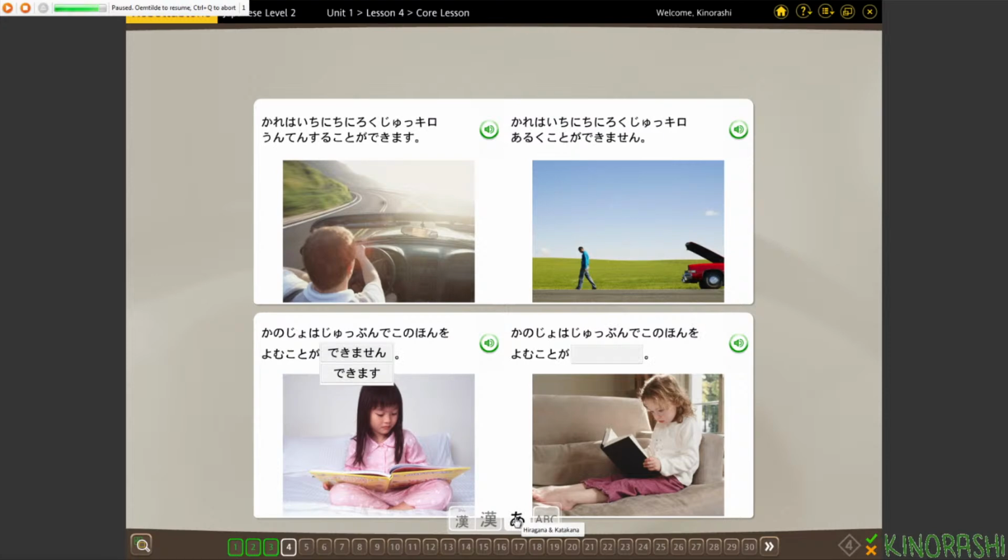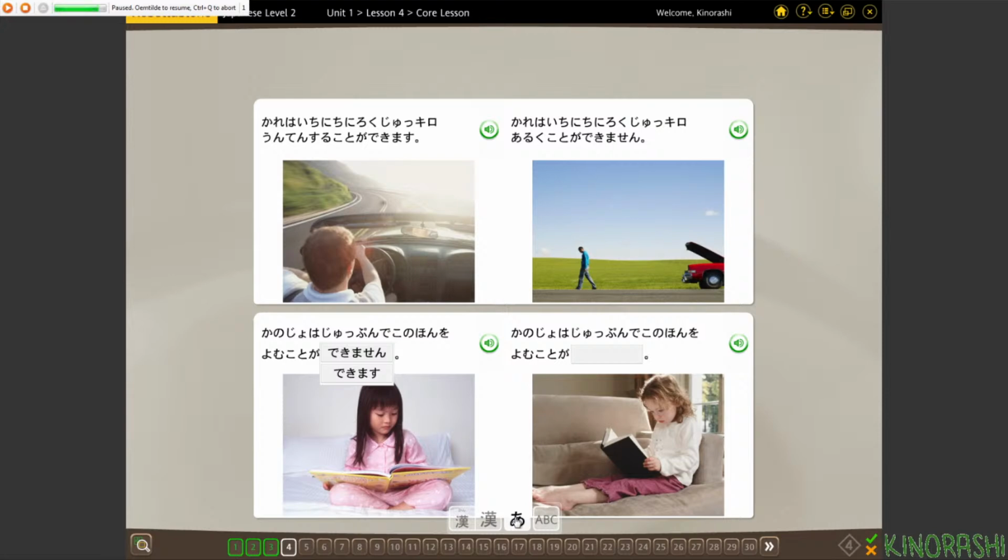彼女は10分でこの本を読むことができます。So, what's the time period? 10分.